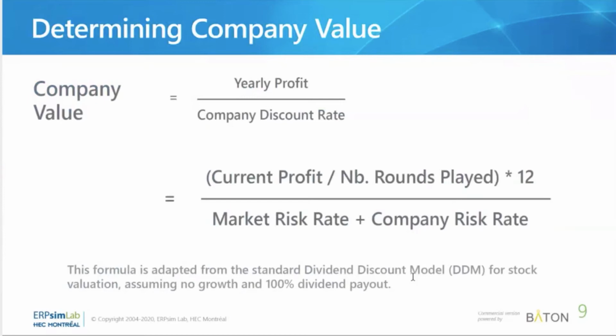So that's an easy calculation. And the company discount rate is market risk rate plus company risk rate. The market decides your rating, so you have a triple A rating or triple B rating. The market decides your risk and also market risk, and that is done by simulation.